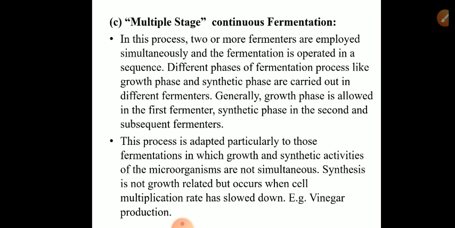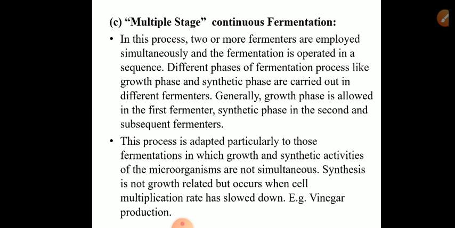Different phases of fermentation like growth phase and synthetic phase are carried out in different fermenters. Generally, growth phase is allowed in the first fermenter, and synthetic, that is production stage, is done in the second and subsequent fermenters.